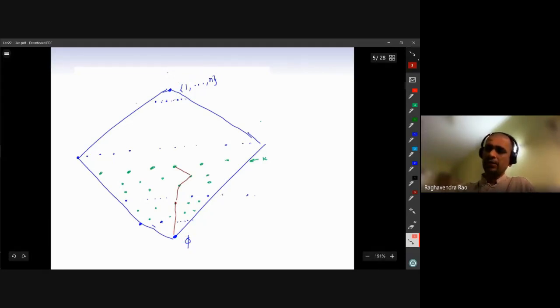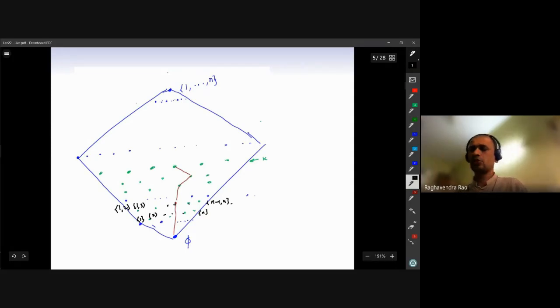We write sets of cardinality 1 here, which are say 1, 2, etc., up to n, and sets of cardinality 2 above it, say {1,2}, {1,3}, etc., up to {n minus 1, n}, and so on. Now we draw edges from the lower layer to the upper layer based on inclusion.